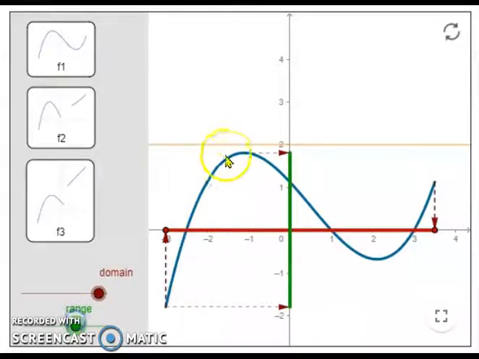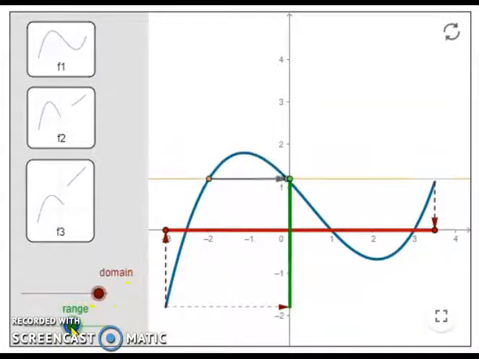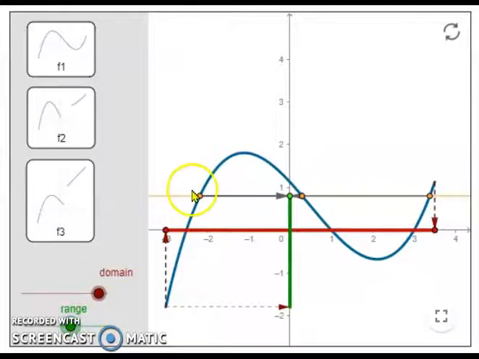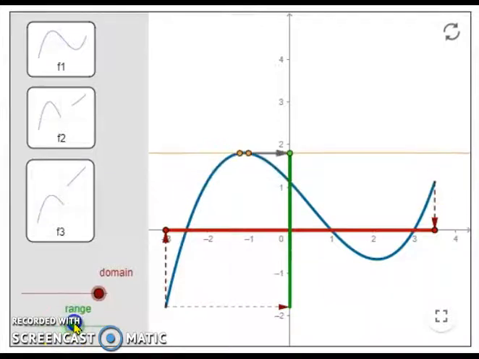And so on. This is the last one. This point corresponds to that output. Take note that on this side, we hit three points when drawing horizontally, but that corresponds to just one output. The ones in green are now the range of the function.